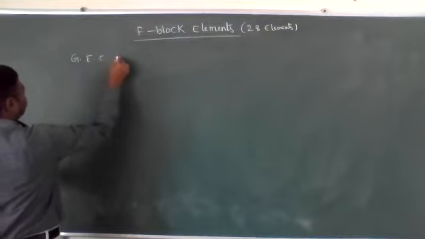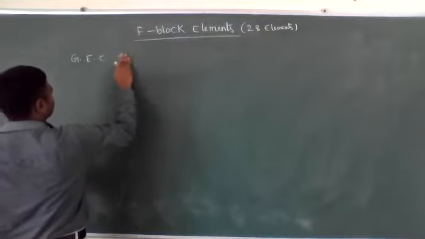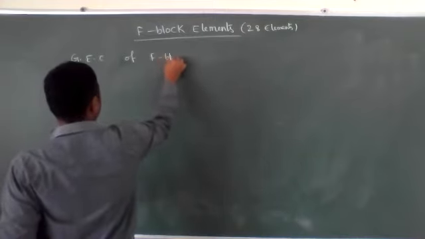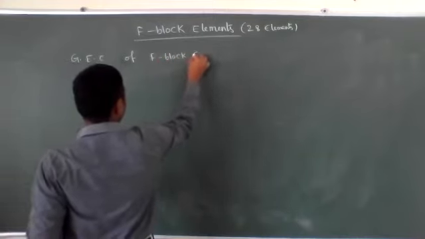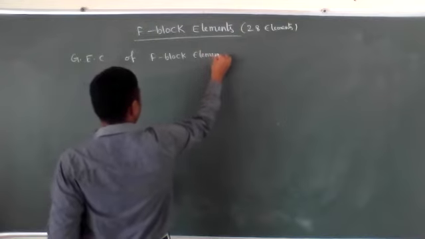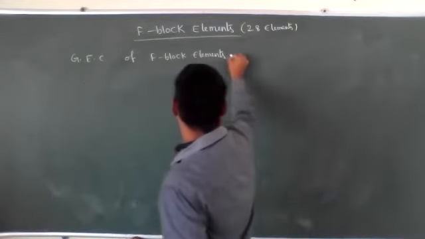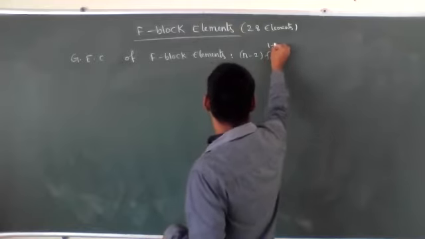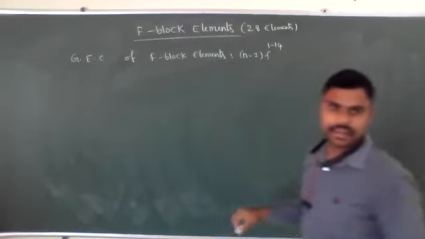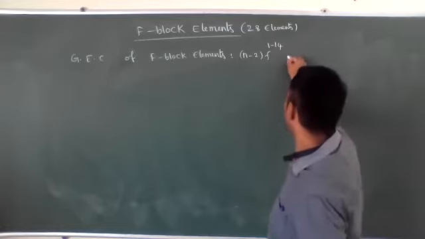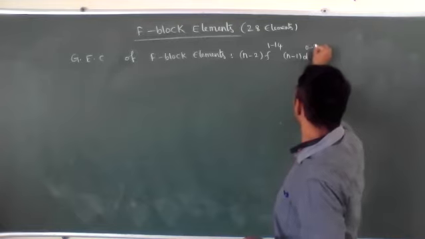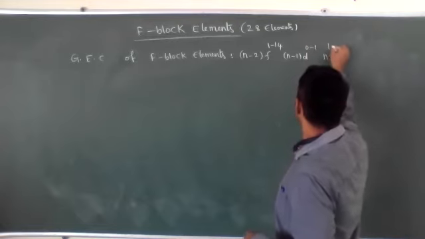General electronic configuration of F block elements: (n minus 2) f 1 to 14, (n minus 1) d 0 to 1, ns 1 to 2 or ns2.